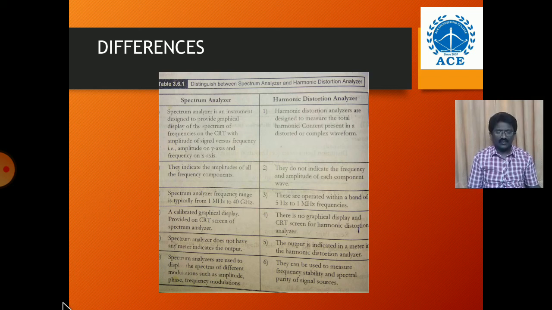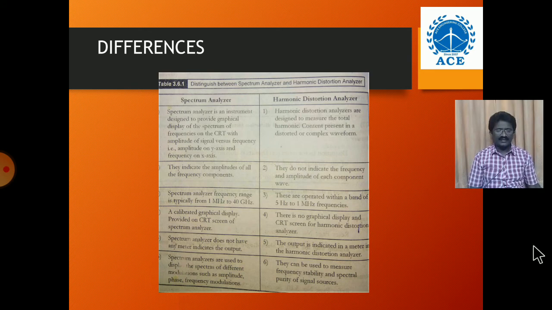Next point, a spectrum analyzer does not have any meter to indicate the output. Here we have to see the output on the CRT screen, so we cannot measure values with the help of a meter.